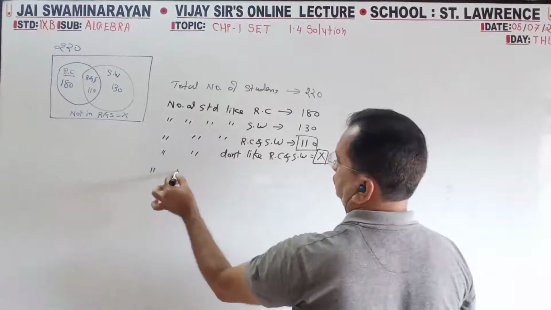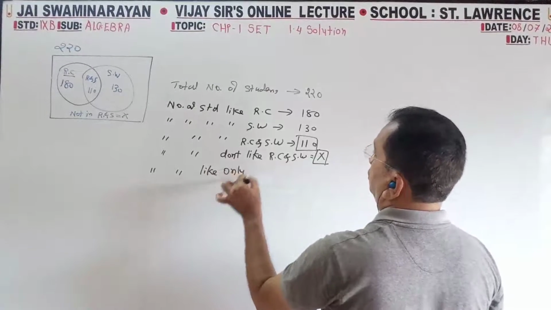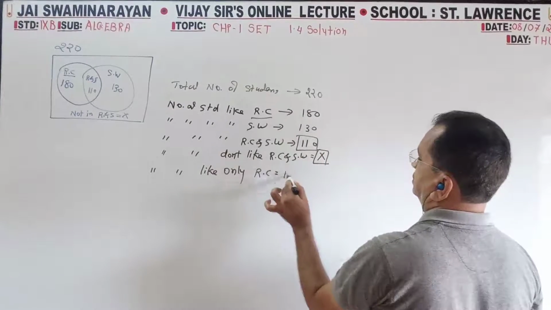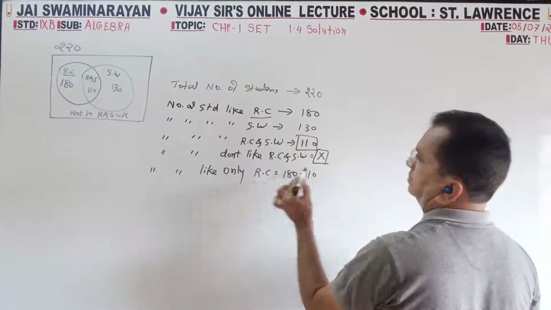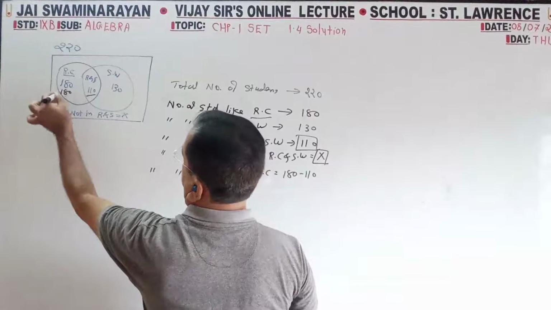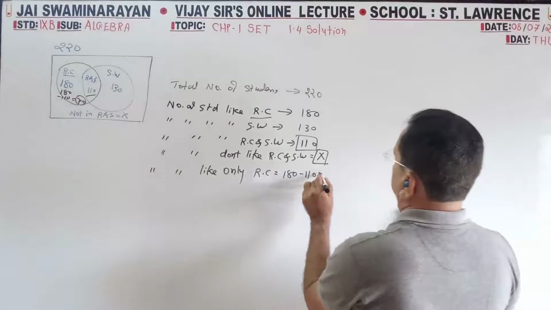But number of students who like only rock climbing, that is 180 minus both, 110, we have to remove, 180 minus 110, 70, this is 70.